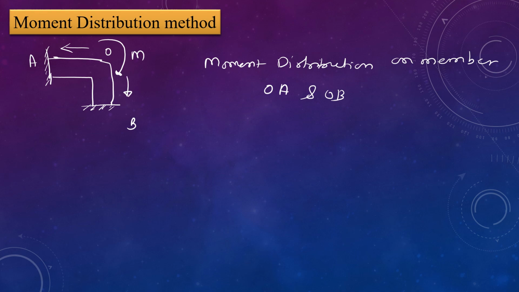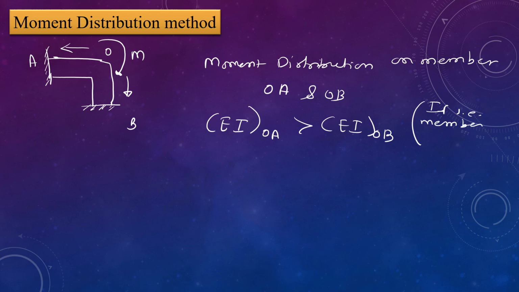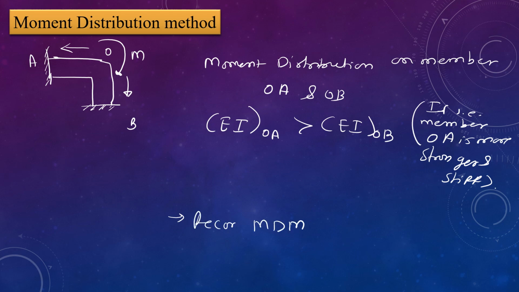Moment distribution on both members: in that, if EI, the flexural rigidity of OA, is greater than the flexural rigidity of OB, that is, the member OA is stronger and stiffer, then according to MDM, the moment distribution method, if a member is stiffer, then that attracts more moment.